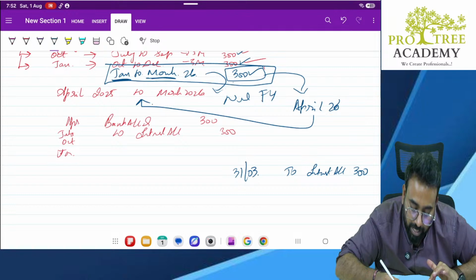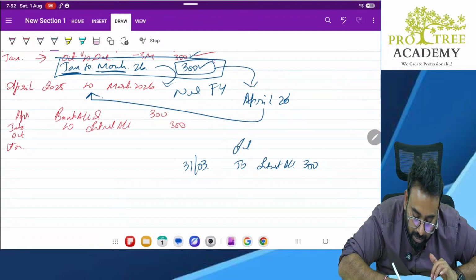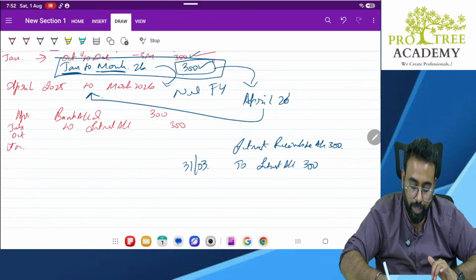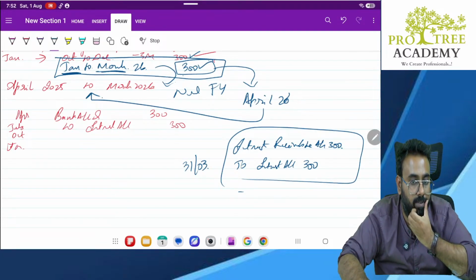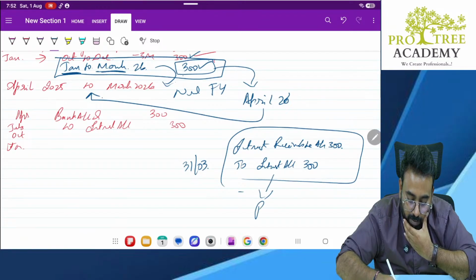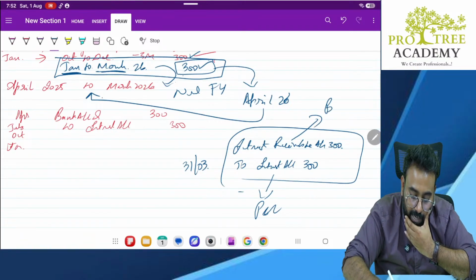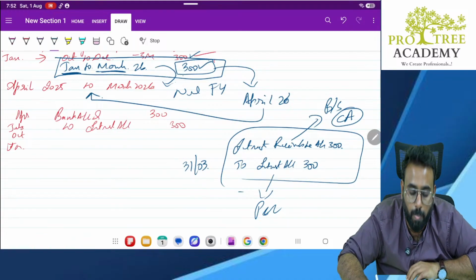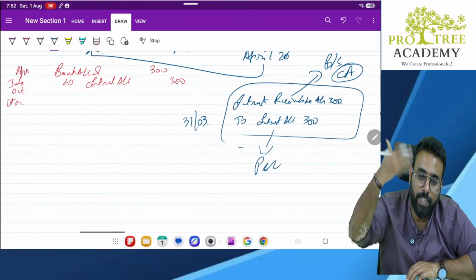Yes. Interest receivable account debit 300 to interest account 300. This will go to P&L. This will go to balance sheet as current assets. As current assets. Clear?